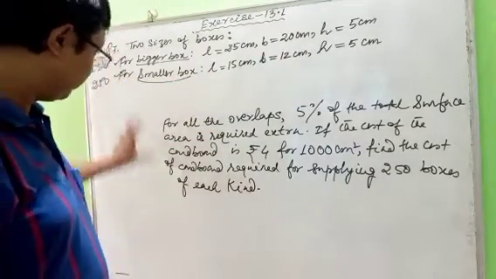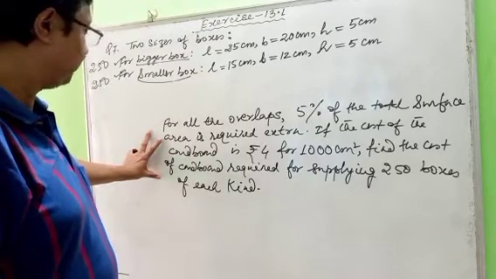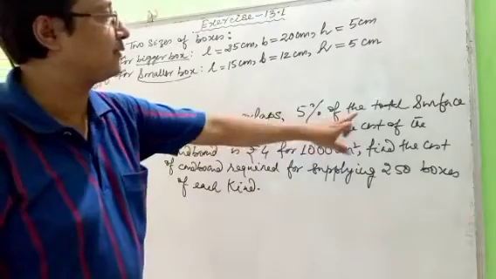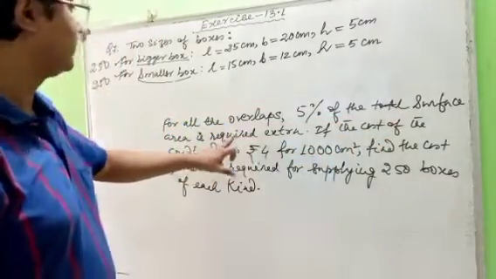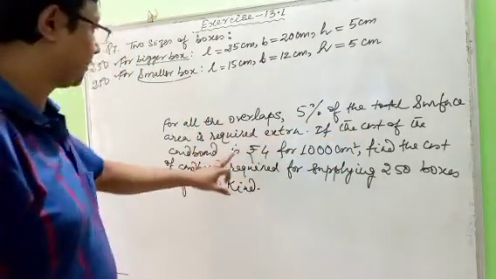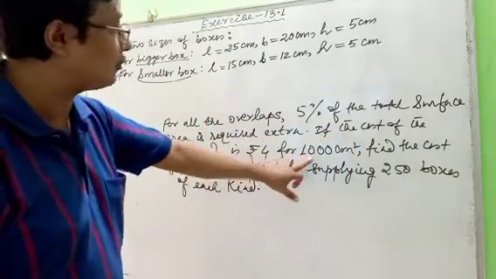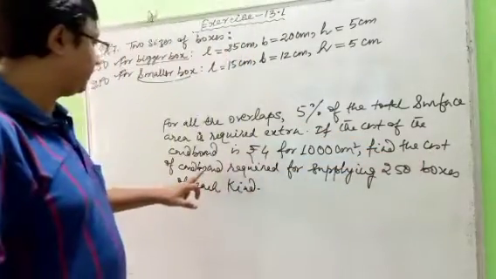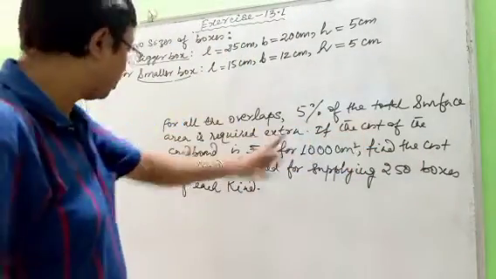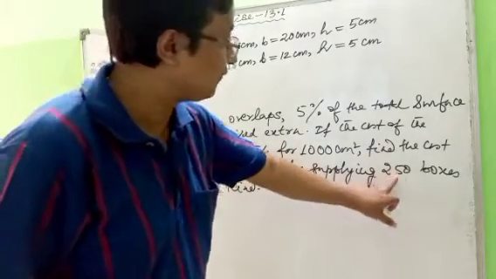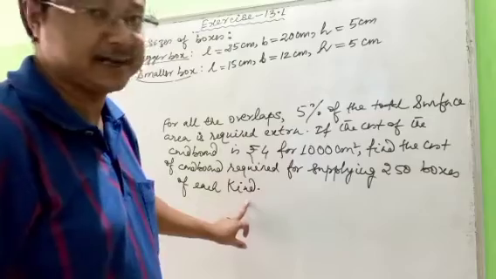Now the remaining part: for all the overlappings, 5% of the total surface area is required extra. If the cost of the cardboard is rupees 4 for 1000 centimeter square, find the cost of the cardboard required for supplying 250 boxes of each kind.